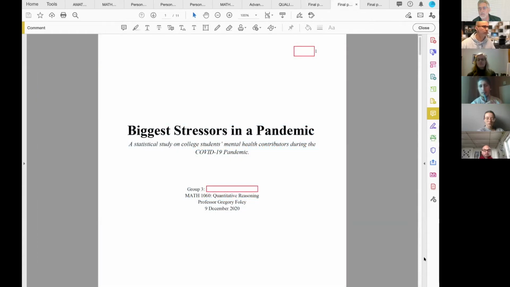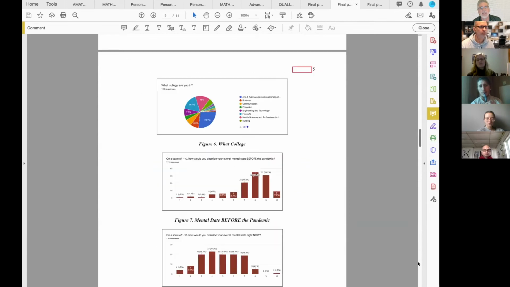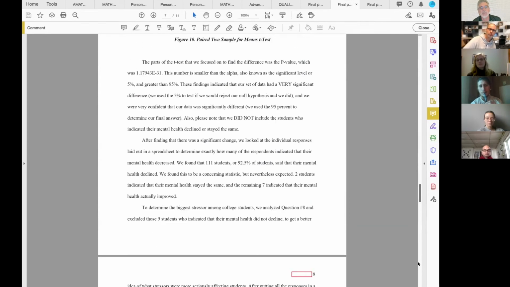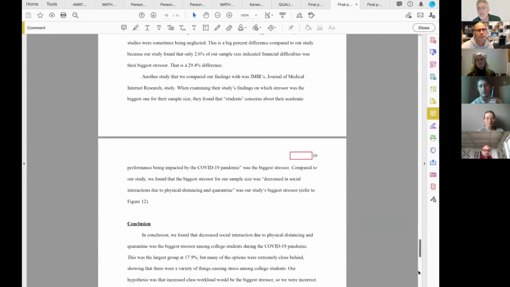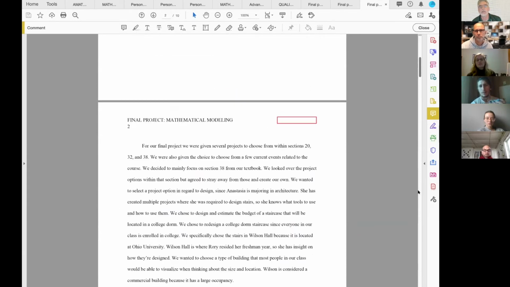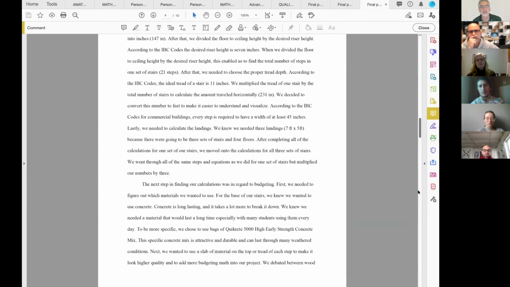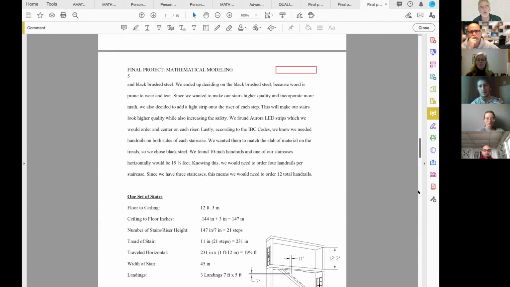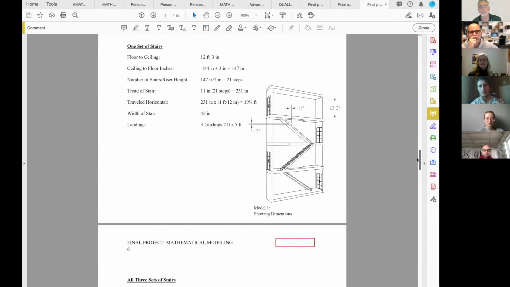This one I chose because they ended up using a t-test. We did not do any inferential statistics in the class, and this is the first time I've had a group that actually did a t-test. And then the other one that I thought was especially interesting was designing a staircase for Wilson Hall, and they used Google, or I guess it's just SketchUp now.